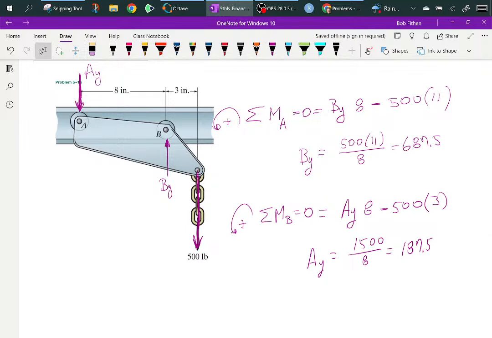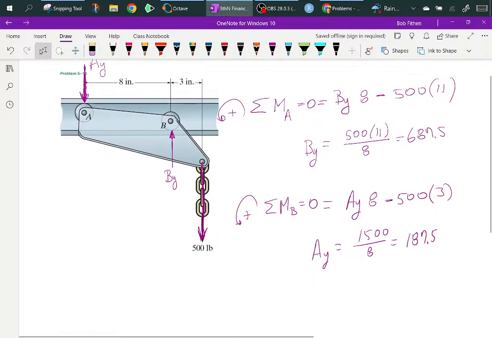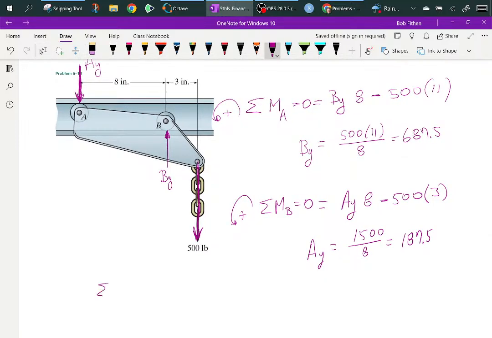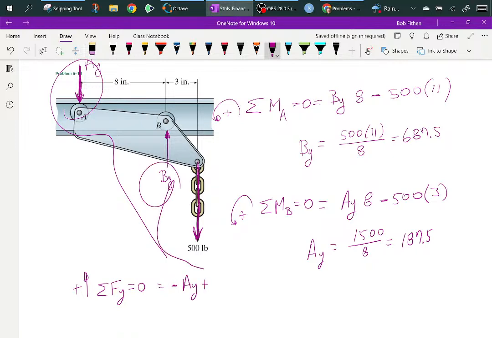Okay, so I got my two answers, but I can check them. Sum of the forces in the y direction must equal 0. We'll consider this to be plus. So the first thing we're going to grab is minus AY plus BY minus 500.